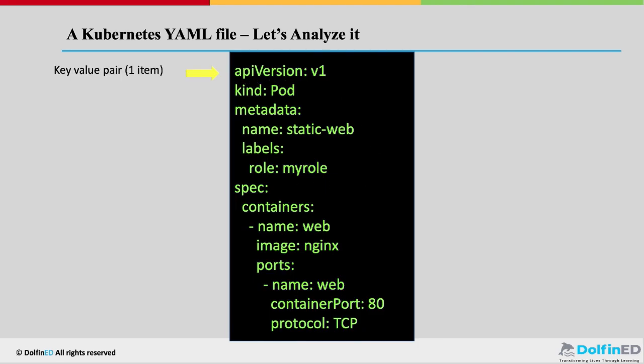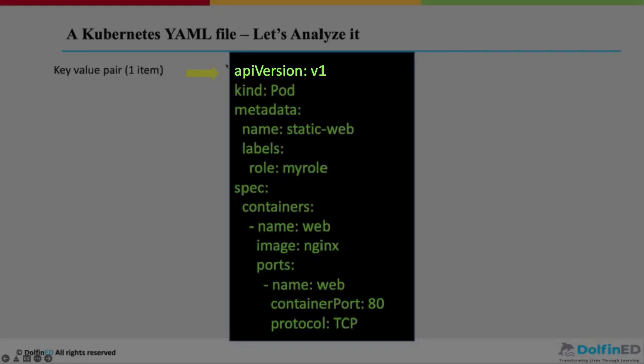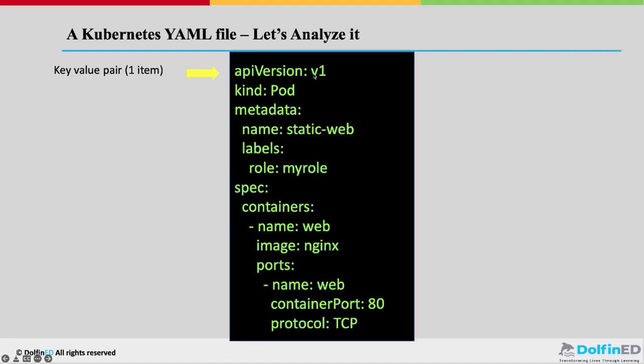So first thing, what is the YAML definition of the first line? This is a key that is assigned a value of v lowercase 1, and the name of the key is apiVersion, with uppercase V. Okay, so that's one item, a key value pair. Now what about the second one?